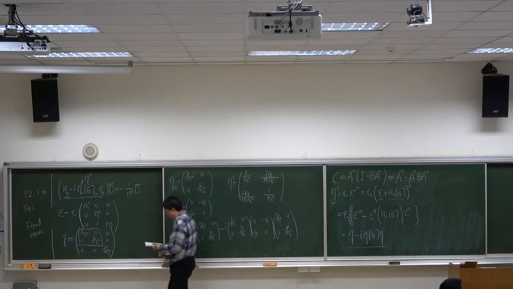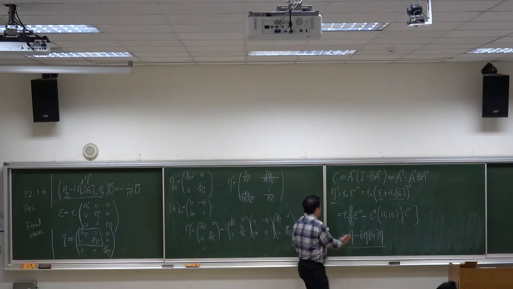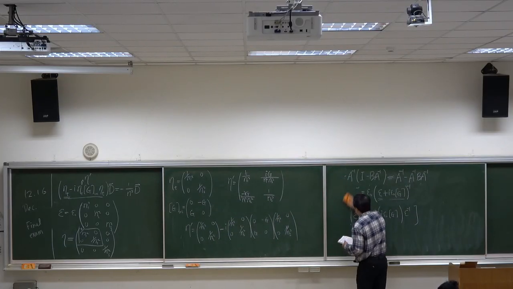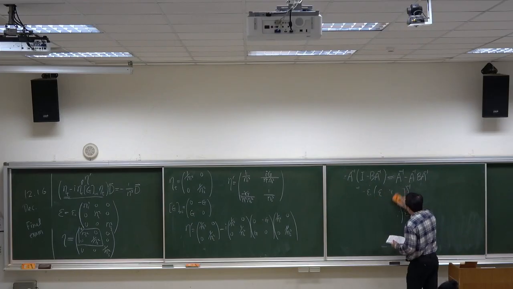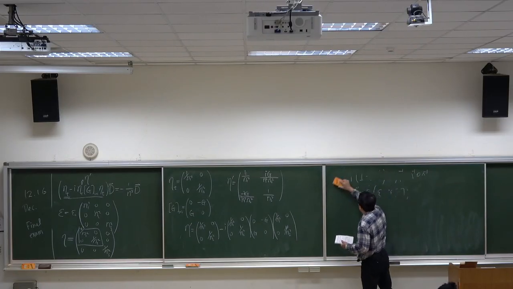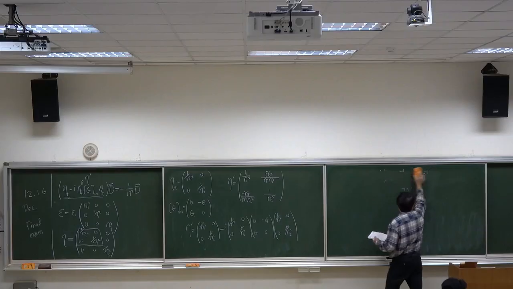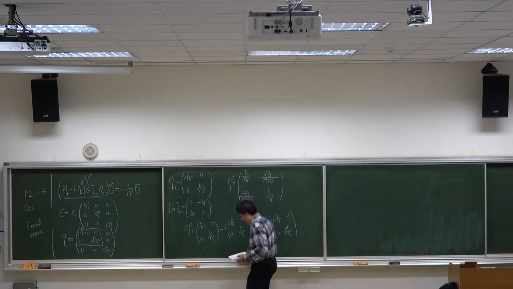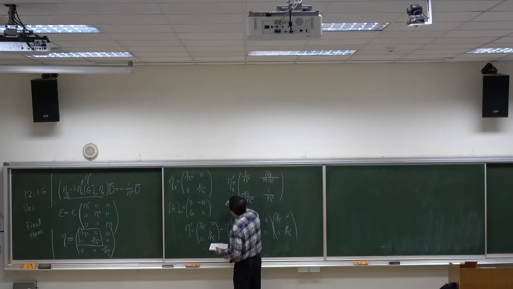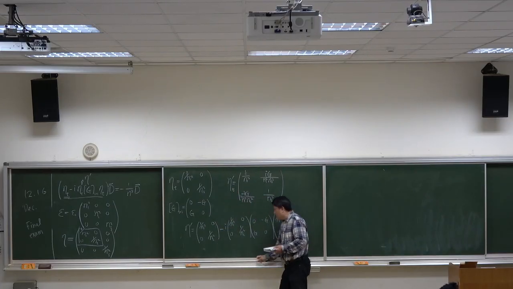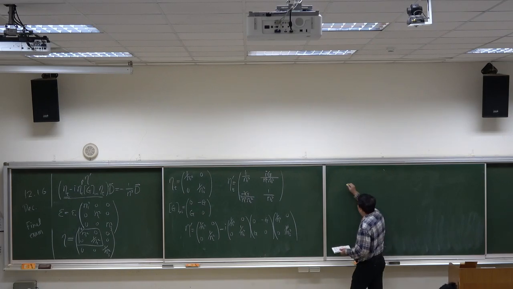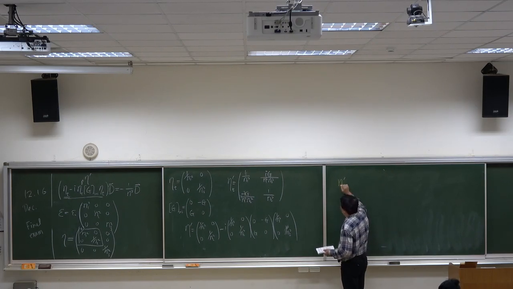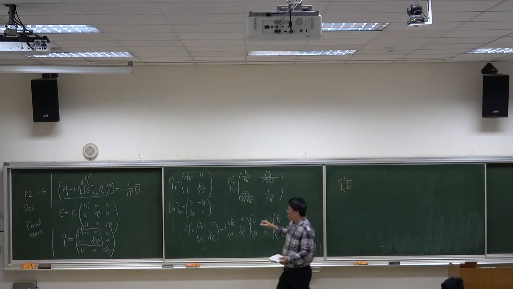So now we solve the equation. 这边其实应该是叫做 eta prime t. So now we have eta prime t times d.